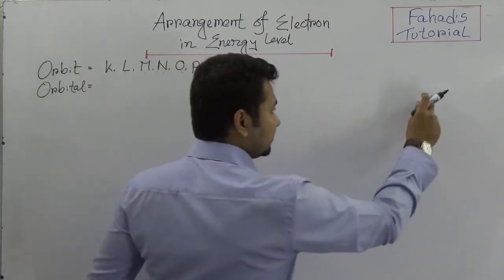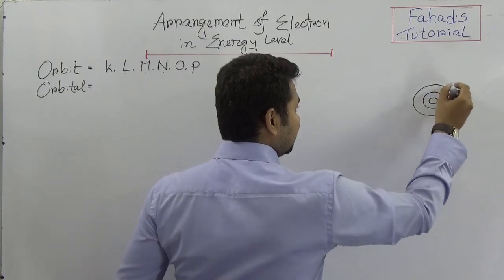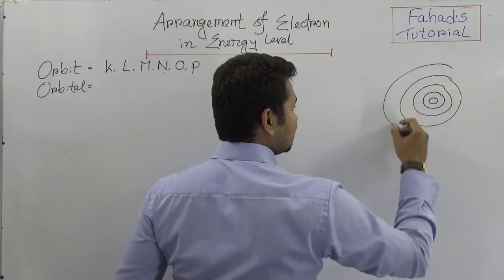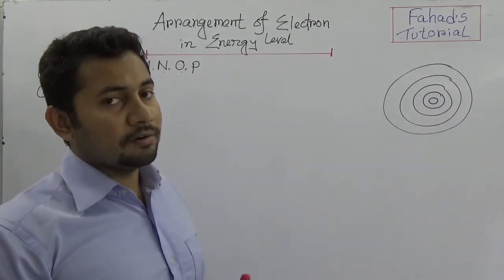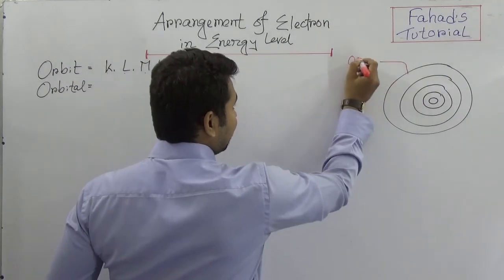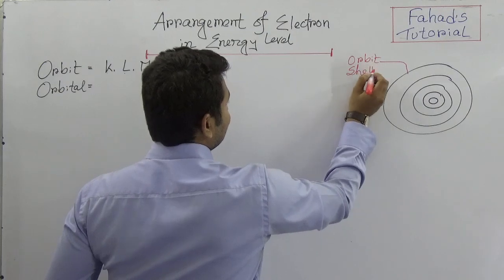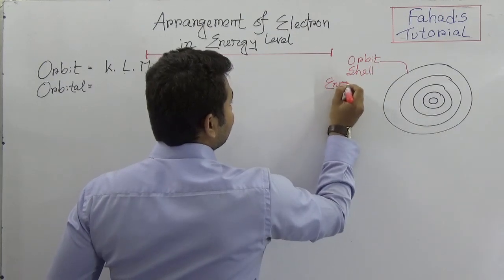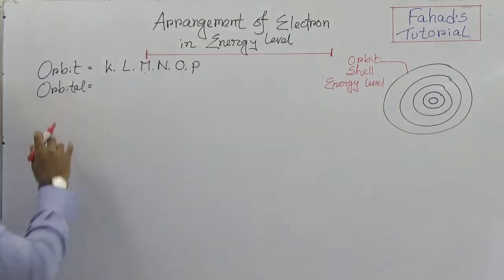When in the atom we draw some circular paths, we know that this is known as the energy level or the orbit or the shell. We must know these words. But what is an orbital?